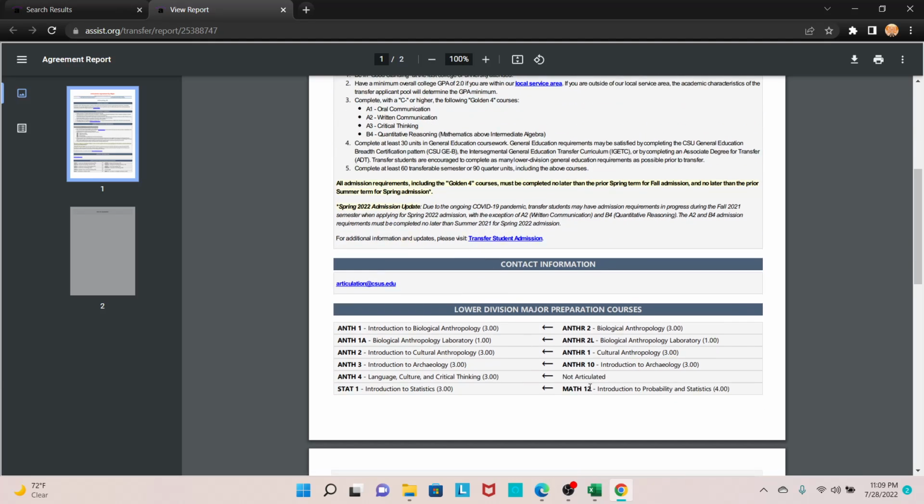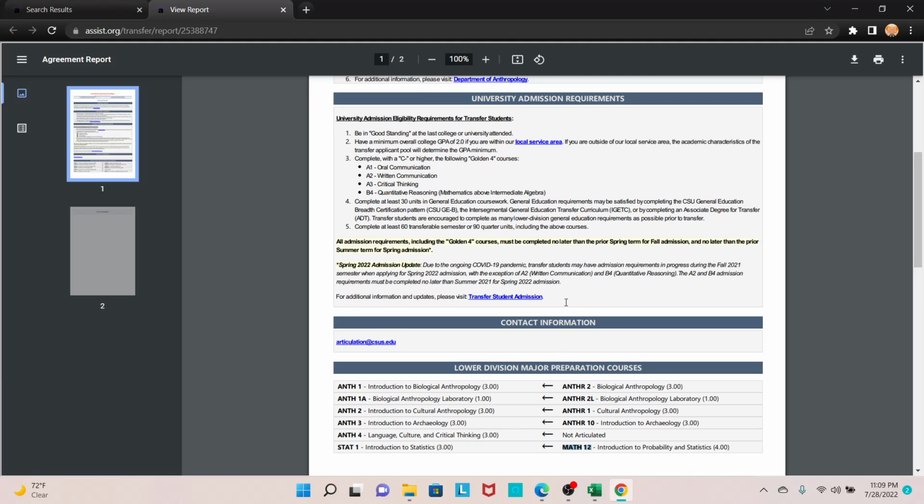So you can definitely take the Math 12 there, or look further and maybe take a Psych 2 if you're a Delta student. Then complete 30 units in general ed coursework, so that's basically having the vast majority of your general ed done before you can transfer, and this is just the bare minimum of transferring. Obviously, if you transfer and get that degree, you'll have everything within here complete.